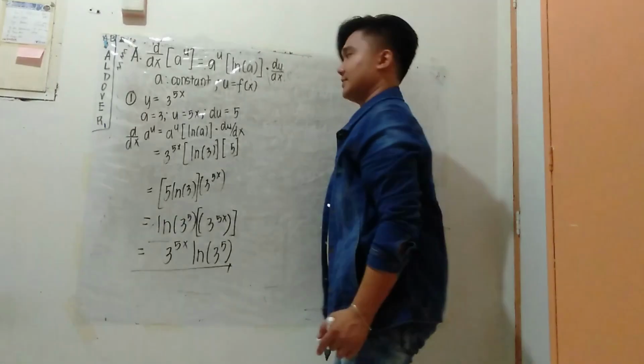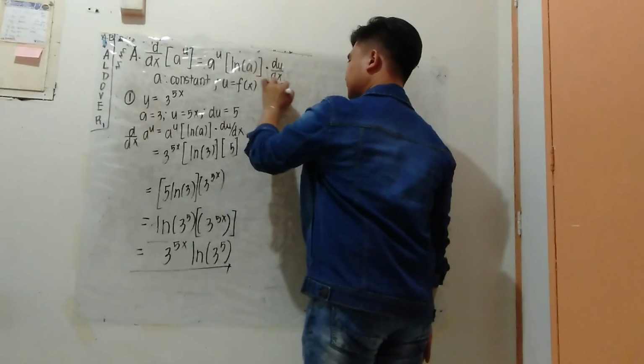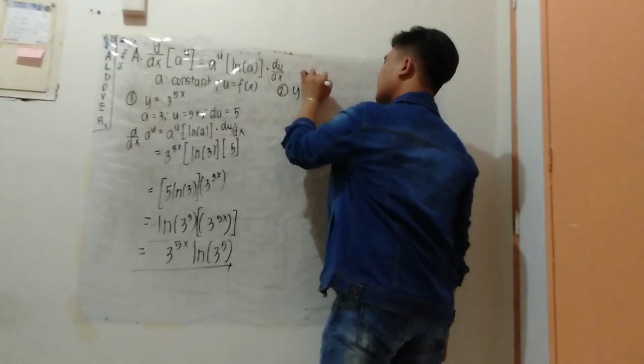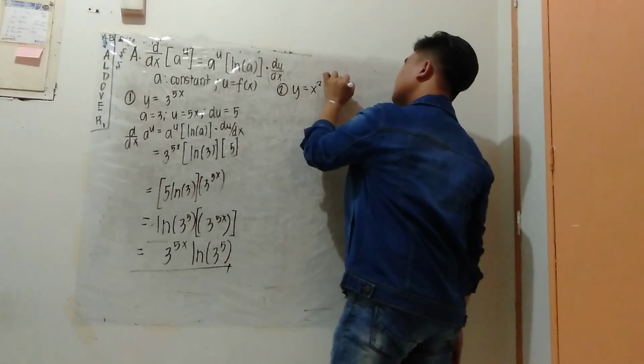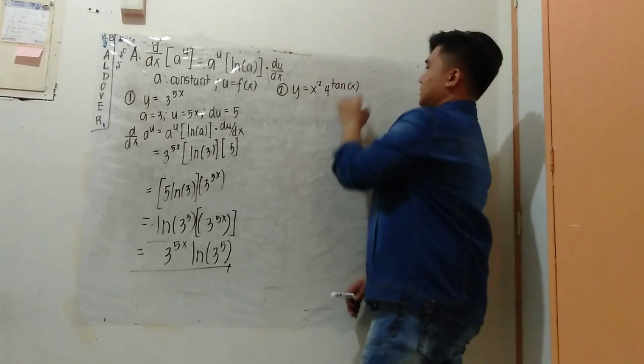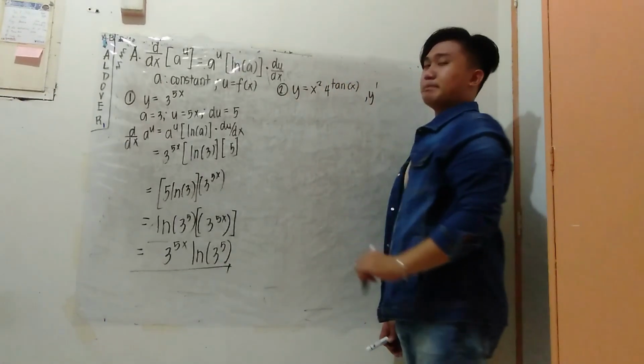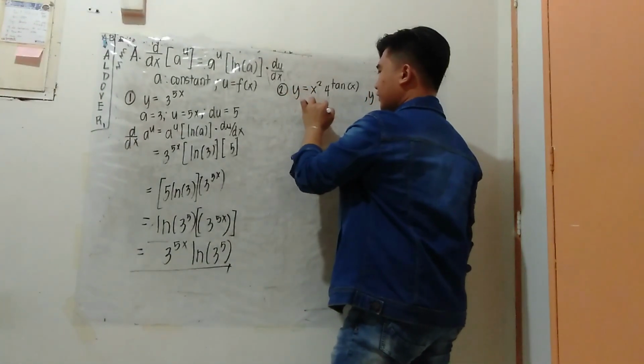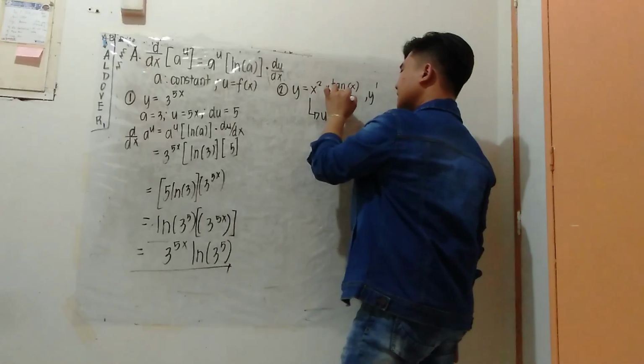Okay? Second example. If y is equals to x squared, 4 raised to tangent of x, let's find y prime. Okay? So, as you can see, we have u, we have v.